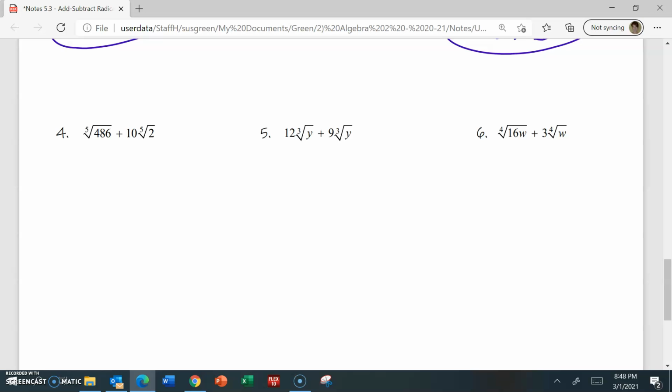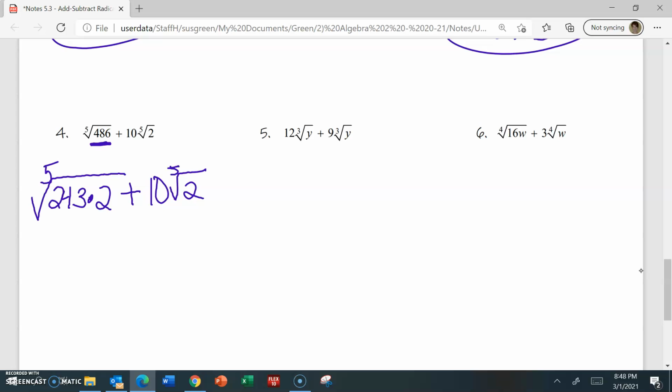Number 4, we got fifth roots. We don't do a lot with fifth roots, so you might have to type in, 2 to the 5th is 32. What's 3 to the 5th? What's 4 to the 5th? To try to find fifth root numbers that go into 486. And really it's trial and error, so use that calculator if you need to. So when I was doing trial and error, I found that 243 is a fifth root number that went into 486 2 times. And you'll notice there's nothing really to do with this number over here.